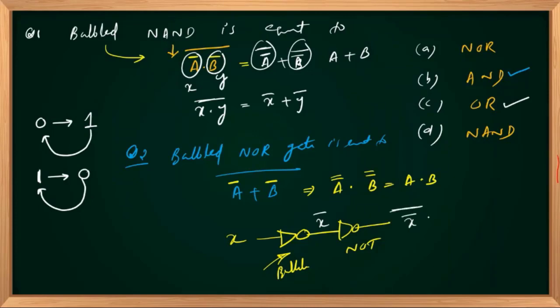So X double bar, that is X itself. So you are getting the same input as output, so it is equivalent to a buffer gate. Bubbled NOT is a buffer gate. So shall I move to next question?